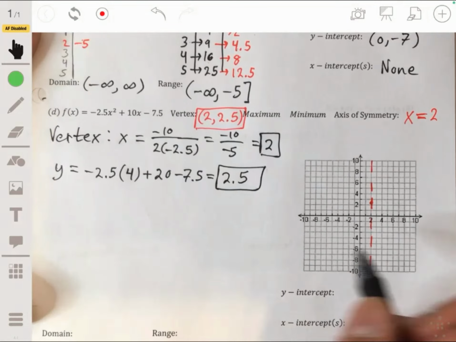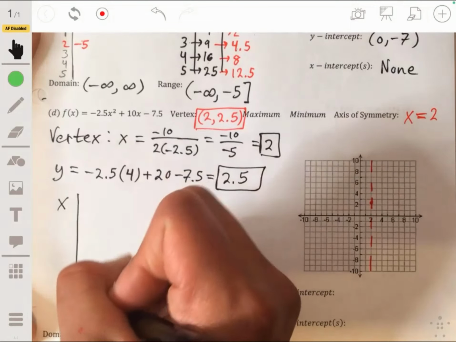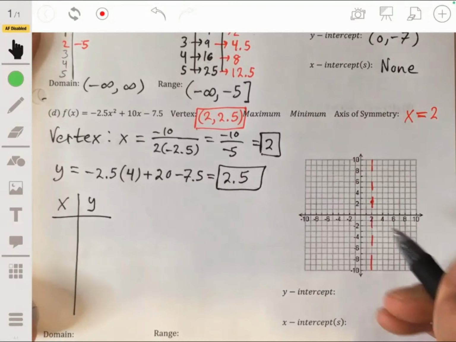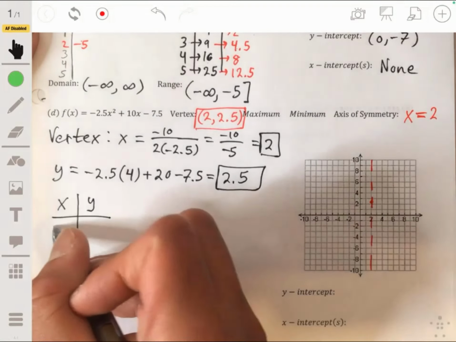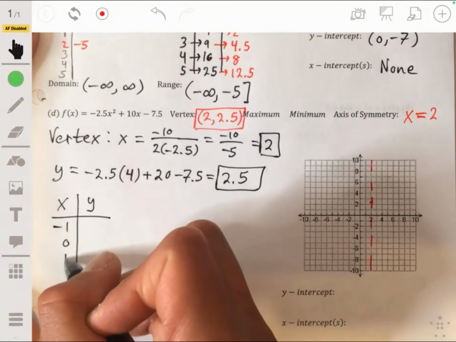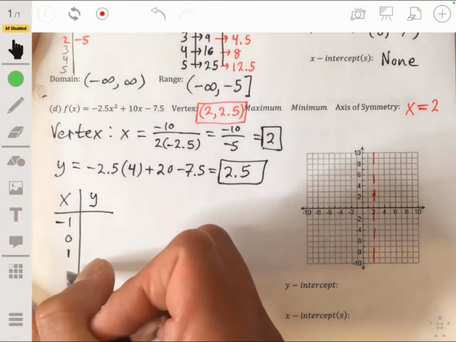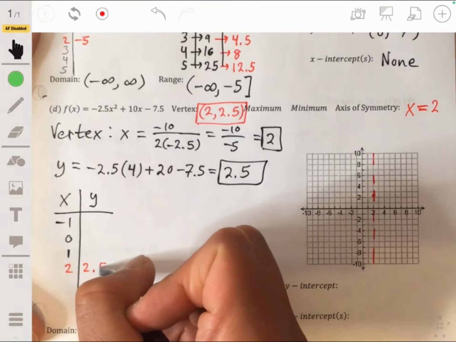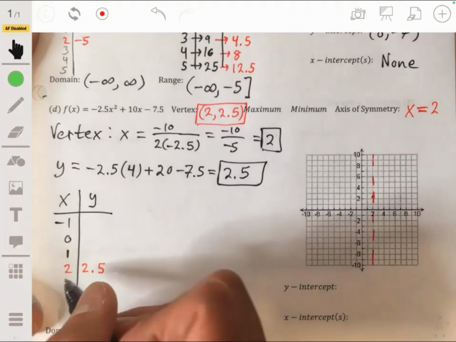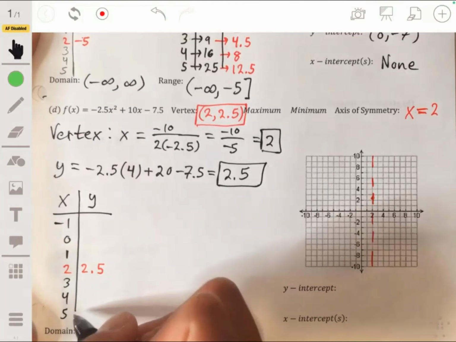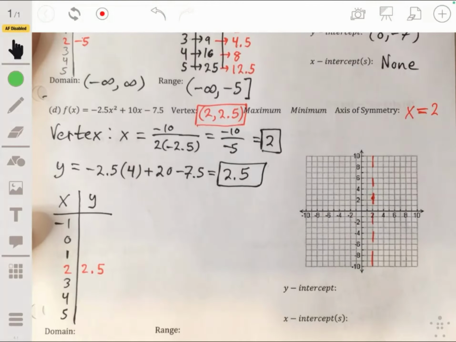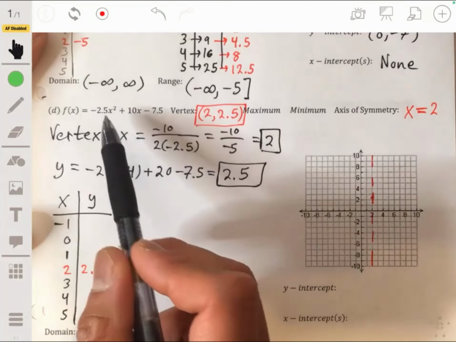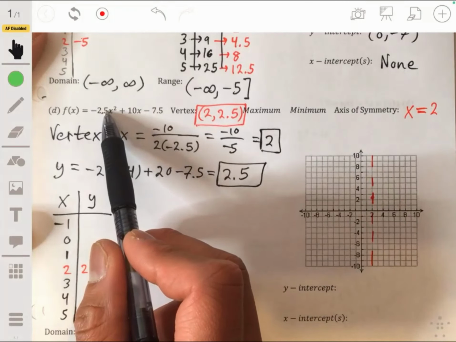Okay, now, again, we can make an x-y table. You can go from -1, 0, 1, 2, 2.5 is our vertex, then 3, 4, 5. Okay, so now you're like, okay, what do we do with this guy? We have 2.5.